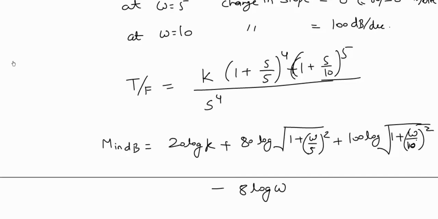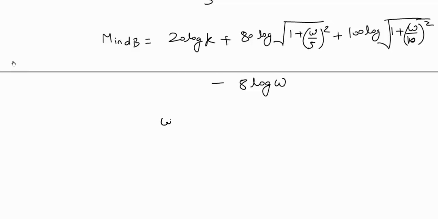Now we have omega equal to 2 here. At omega equal to 2, magnitude is equal to 0 dB. So we will apply this condition. So 0 is equal to 20 log k, which will remain as it is. The 80 term will get cancelled because omega by 5 will become very much smaller than 1 at omega equal to 2.